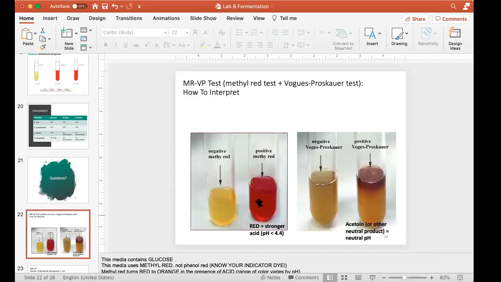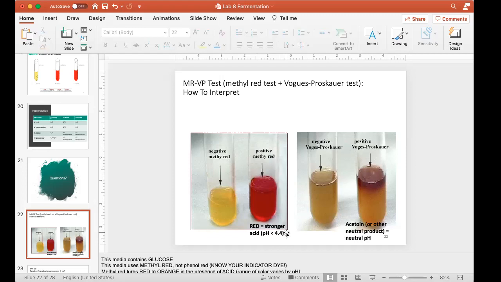Now, what the methyl red test is doing for us is telling us not if an organism can produce an acid through fermentation, but what the pH of that acid is. So we're going to look for the yellow starting color to become a nice cherry red, like this one, if the acid being produced through fermentation is a very acidic one. It has a low pH, a pH less than 4.4.